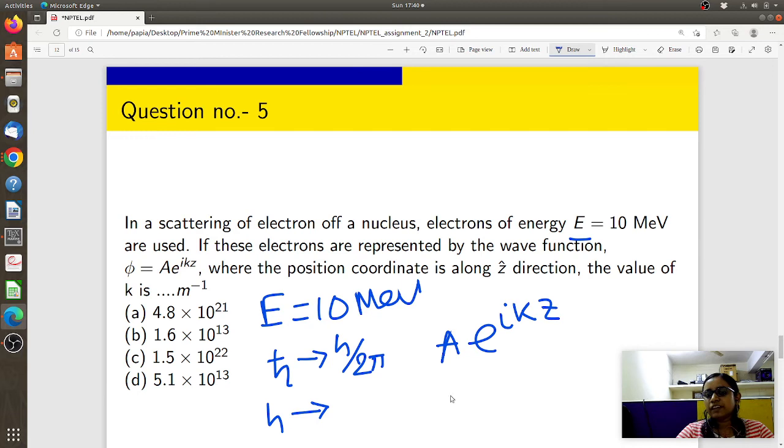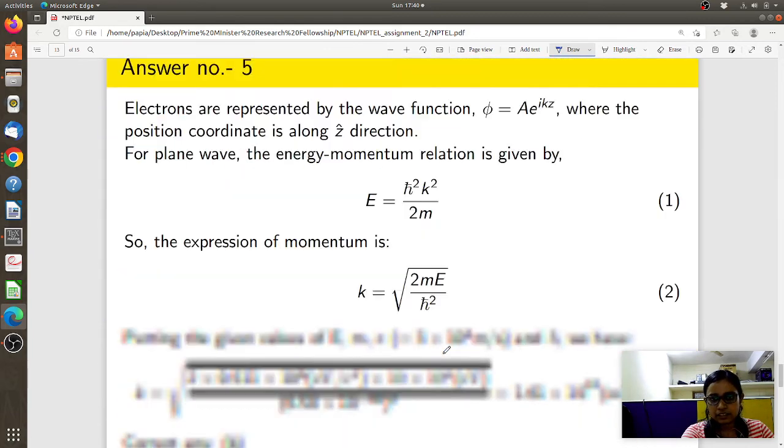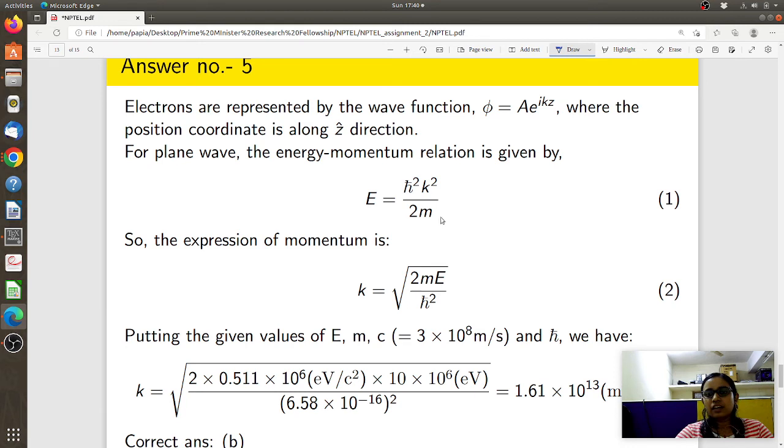So the plane wave configuration has a relationship between momentum and energy, as written here: E equals to h bar square k square by 2m. And m is the mass of that electron. We all know the mass of the electron, 0.511 MeV, and the h bar value is 6.85 into 10 to the power minus 16 in the unit of eV.